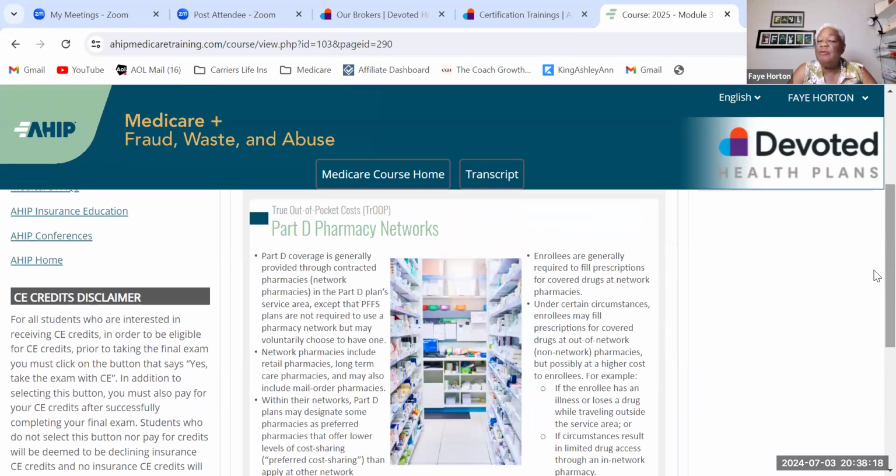True out-of-pocket: Part D pharmacy networks. Part D coverage is generally provided through contracted pharmacies, network pharmacies, in the Part D plan service area, except that private fee-for-service plans are not required to use a pharmacy network, but may voluntarily choose to have one.